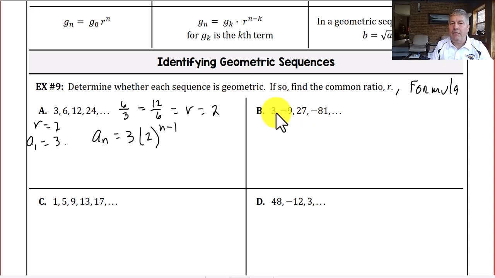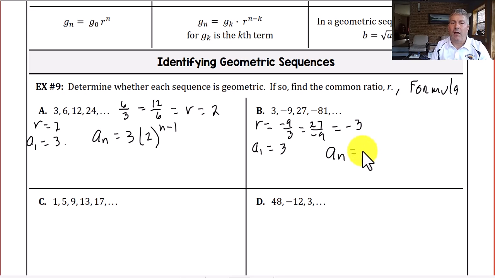In sample B, let's check our ratio. Can we do negative 9 over 3? Does that equal 27 over negative 9? It does. So our r is negative 3. Our first term, again, a sub 1 is equal to 3. That's not always going to be the case, but it seems to be a popular one in our sample problems here.